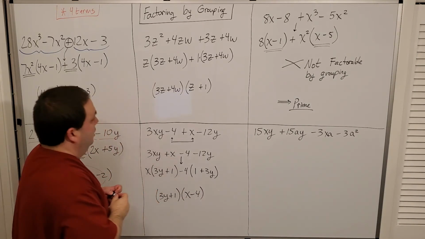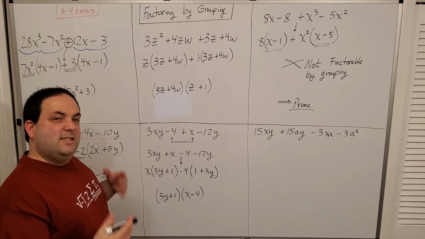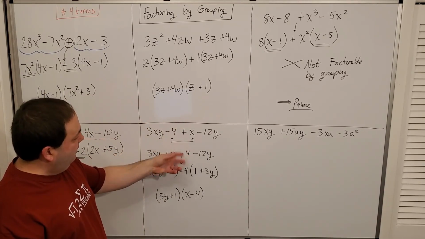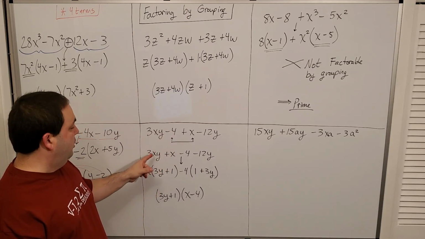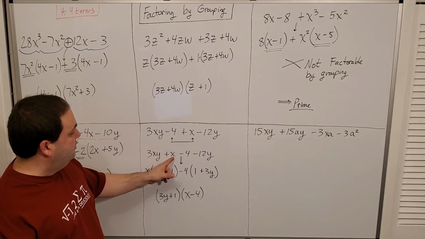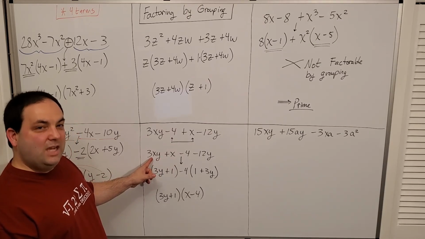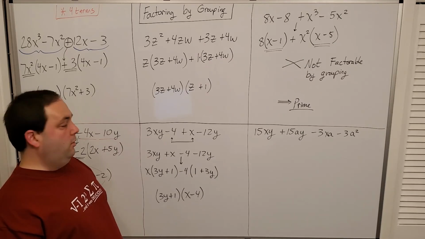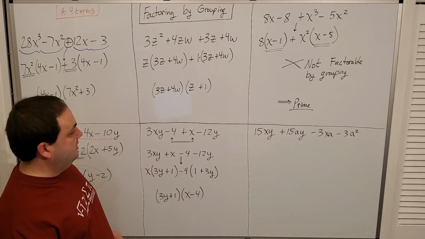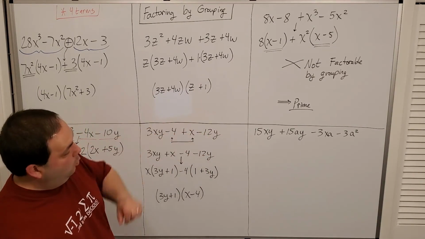Okay? So we did have to rearrange them. Like I said, it's rare, but it does happen. You sometimes have to put things in a proper grouping, and you want to make sure you're choosing your groups by something that they have in common. Okay? And then typically it will work out as long as you can get that large chunk to be the same. One more.